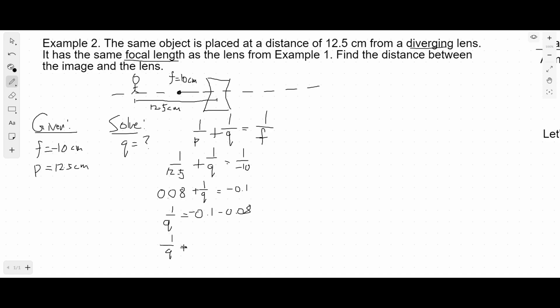That will give me negative 0.18. Last thing to do is just to cross multiply both sides. Negative 0.18 comes here, q comes here, and if we do 1 divided by negative 0.18, we get negative 5.55 centimeters.